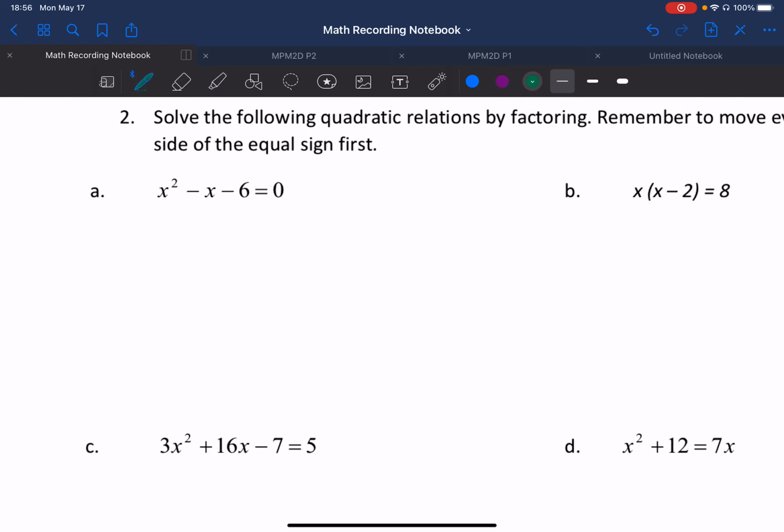So let's try with the first one here. We have x squared minus x minus 6. We want to see what the zeros, our solutions, are for this equation. Remember, our product is negative 6. Our sum is negative 1.